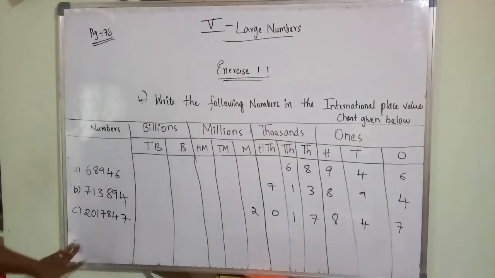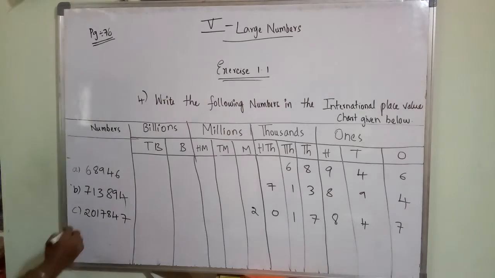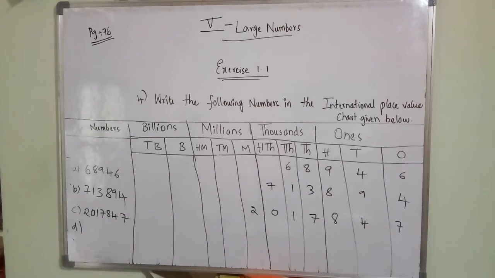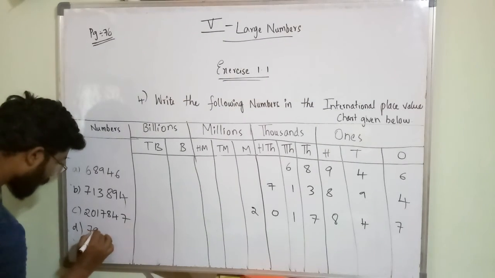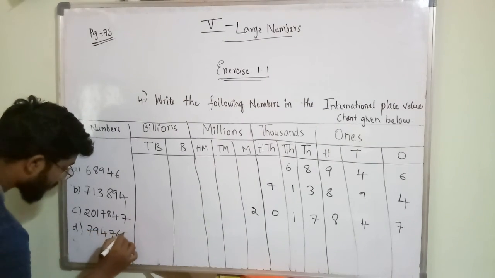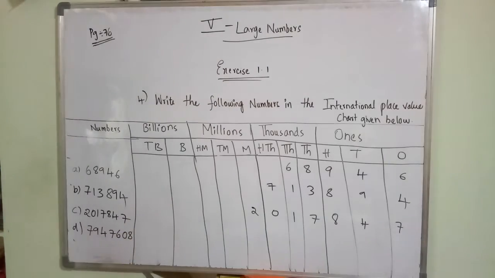So this is C, no? Next, D is what? D is 7947608.